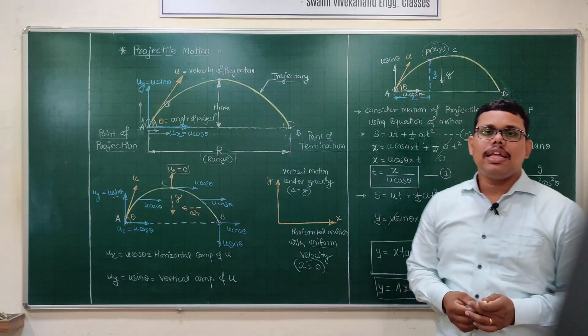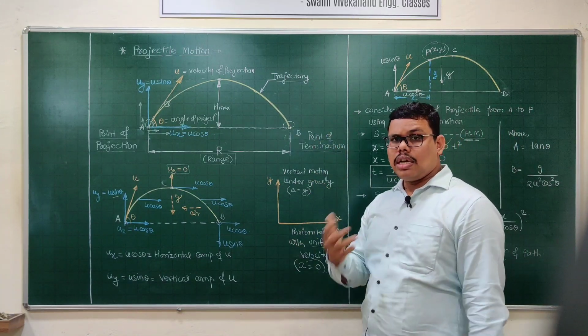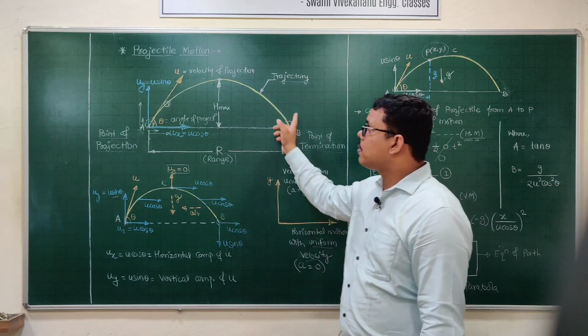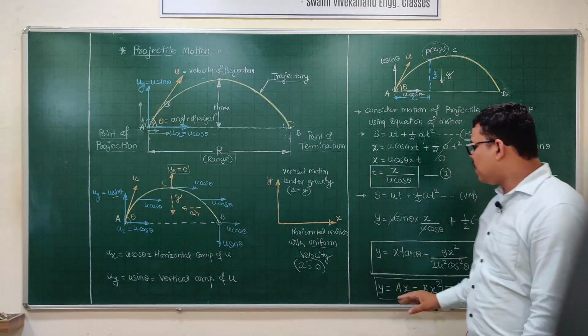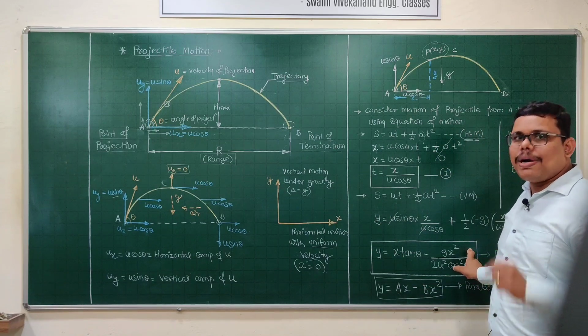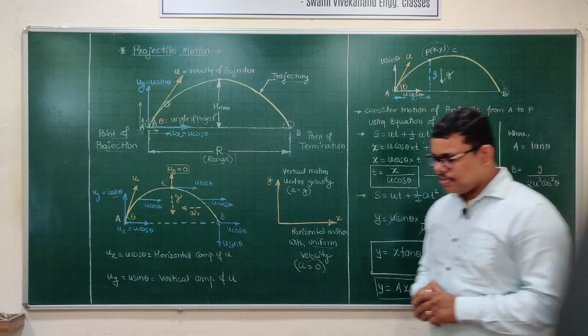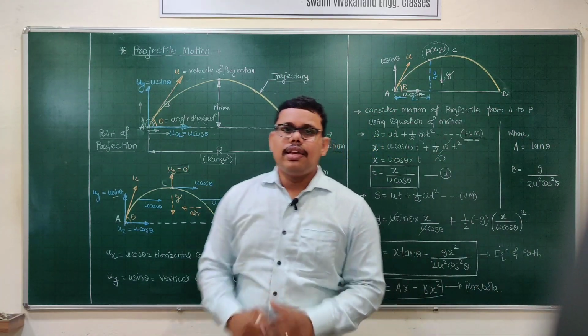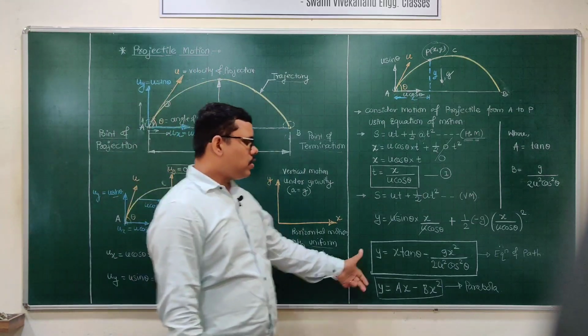If they ask to derive the equation of path, the same derivation you have to write. If they ask to derive that the path followed by the projectile is parabolic in nature, again the same derivation you have to write. That is, the equation of path itself gives us that the path followed by the projectile is parabolic in nature. ठीक है? So this is the complete projectile motion concept for equation of path.